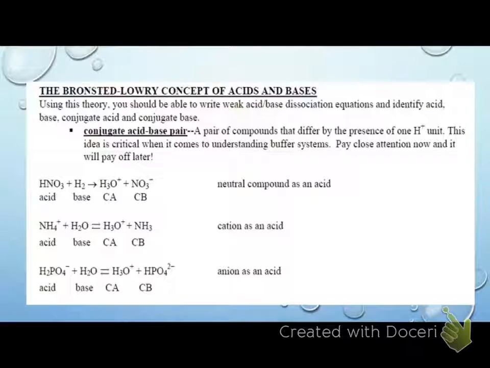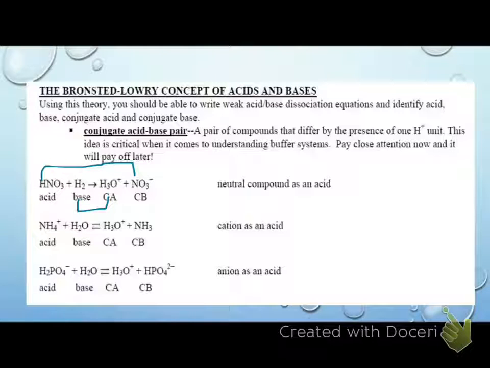So the Bronsted-Lowry, if you remember from Chem 1, is the one where we have conjugates. You have a conjugate acid and a conjugate base. An acid has a conjugate base. It's basically what's left over after the acid donates its hydrogen. And then the conjugate acid of a base is what's left over after a base accepts a hydrogen. Here we have some examples of your acid becoming your conjugate base. These would go together and these would go together.